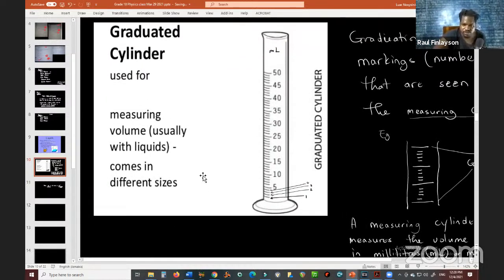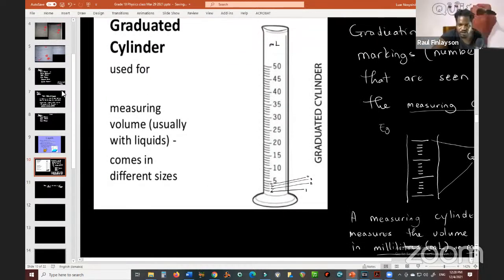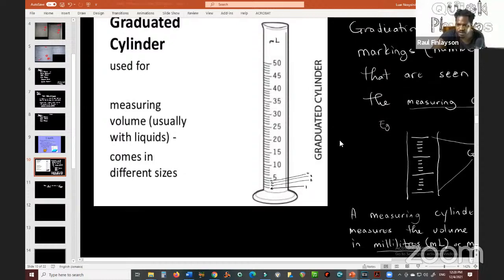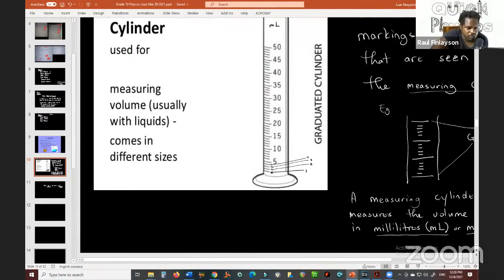Now, these 2 pieces of information are important. In terms of activities, they will ask you to read the volume of liquids. A lot of questions have been asked, even on CXC papers, to read the volume of liquids.